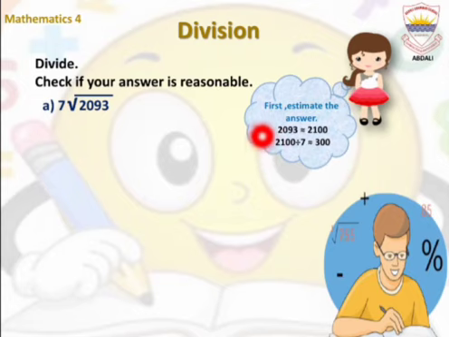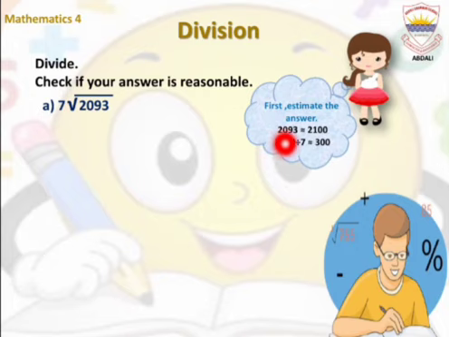To estimate the answer, first of all we estimate our question number, that is 2093. 2093 is approximately equal to 2100.